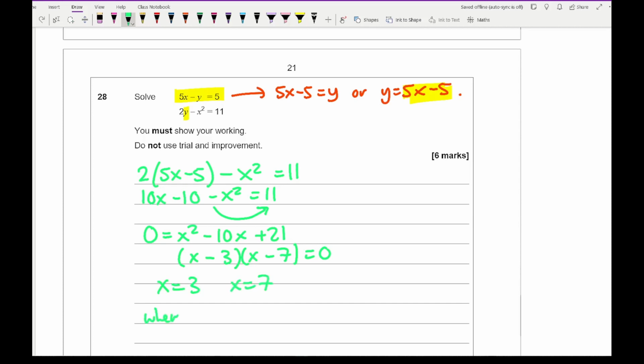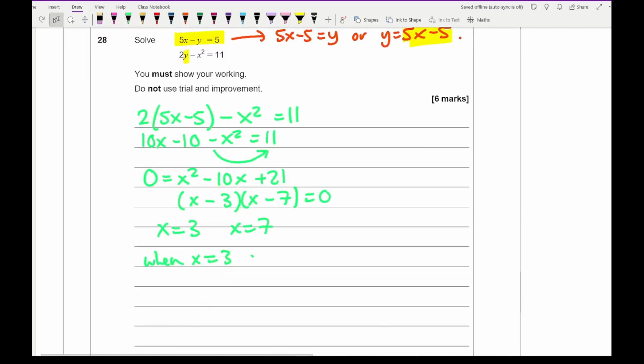Now when x equals 3, what I've then got is 5 lots of 3 minus y equals 5. So I've got 15 minus y equals 5. So y equals 10. And when x equals 7, I get 5 lots of 7 minus y equals 5.